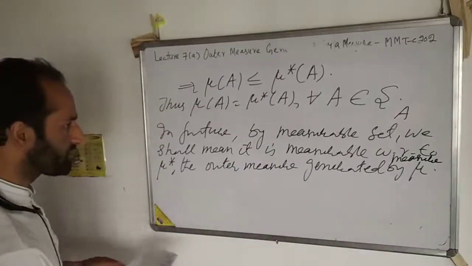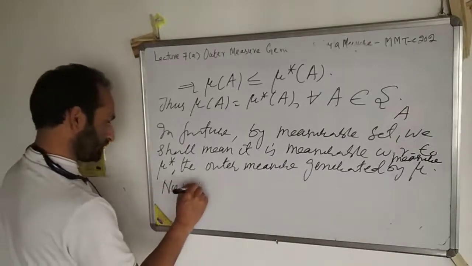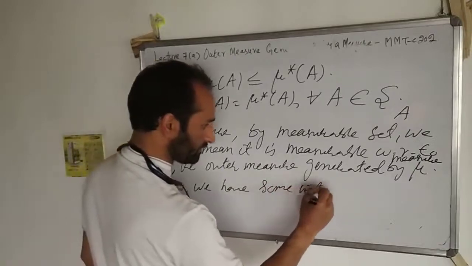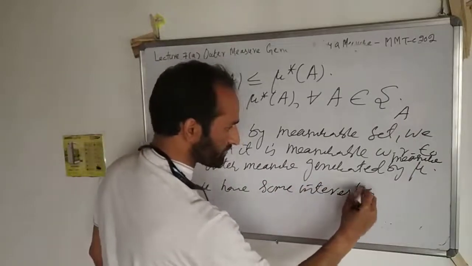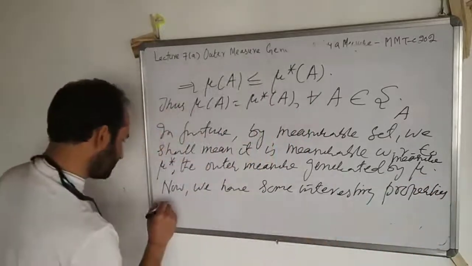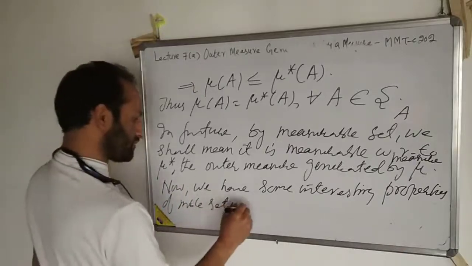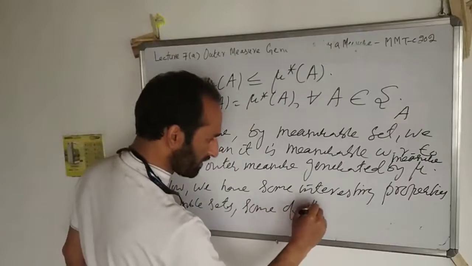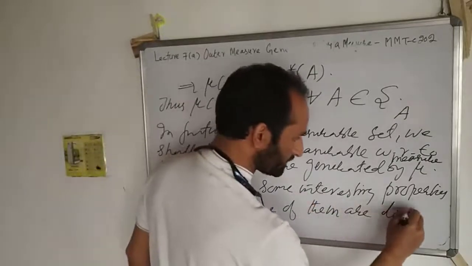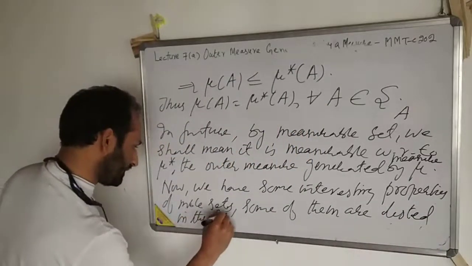Now we have some interesting properties of those measurable sets. Some of them are listed in the following.